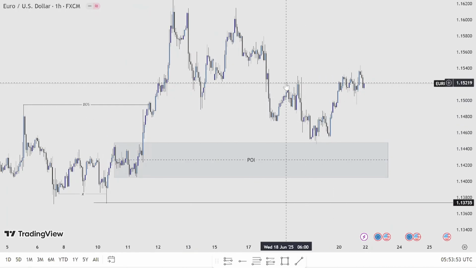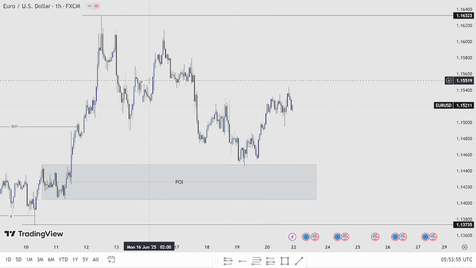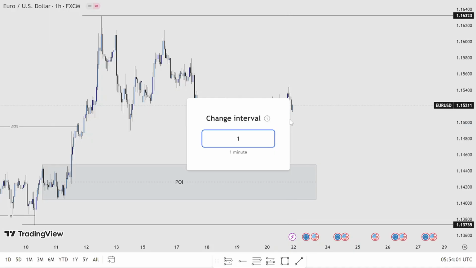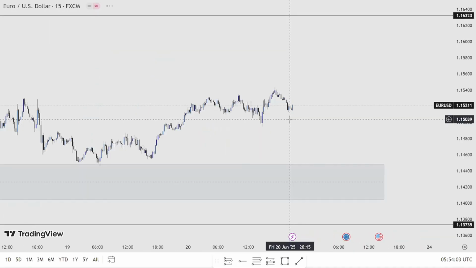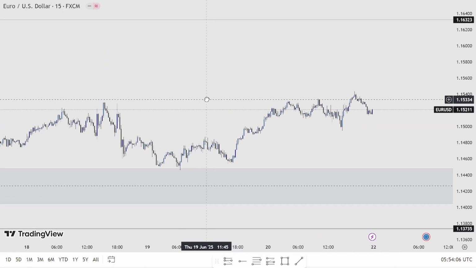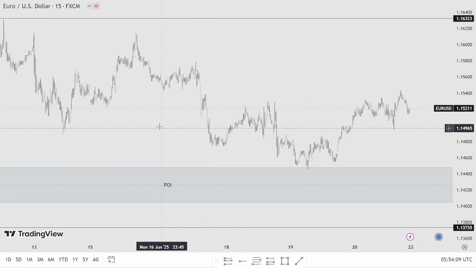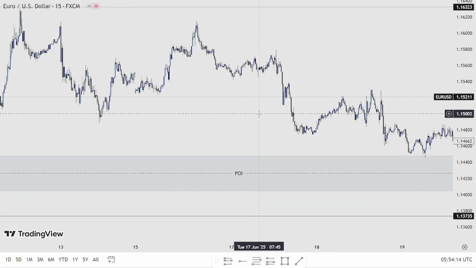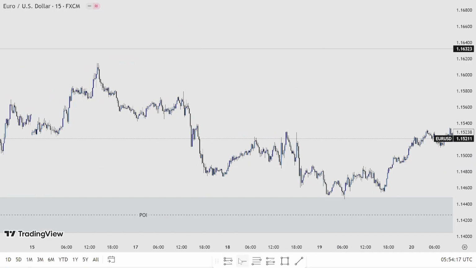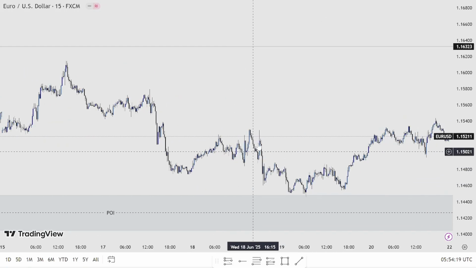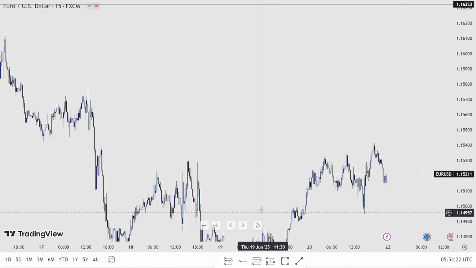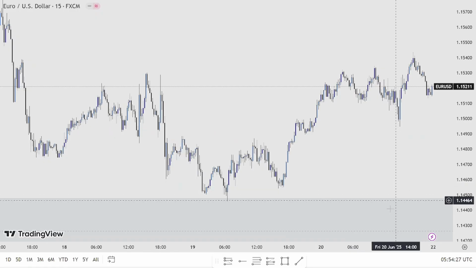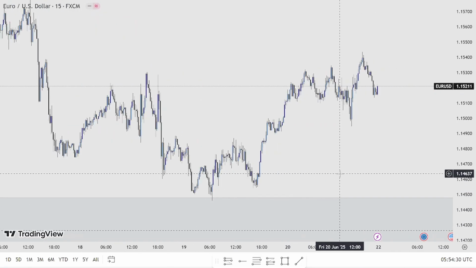So what we must do is go to a smaller time frame and see the structure of this. So let's go to M15. On M15, let me just zoom in.